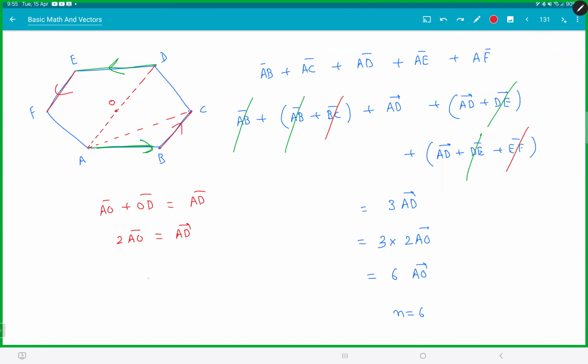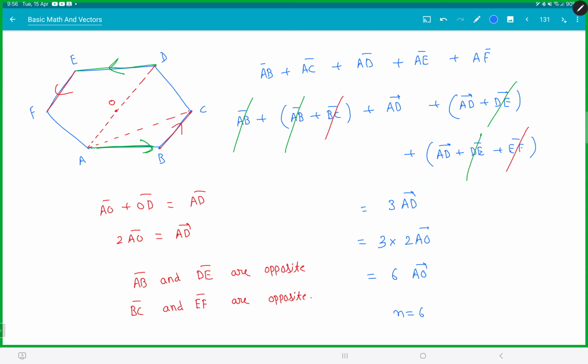So I will write that thing here. AB and DE are opposite, so they will cancel out. Similarly, BC and DF are opposite. Is this clear, everyone? Any doubts on this?